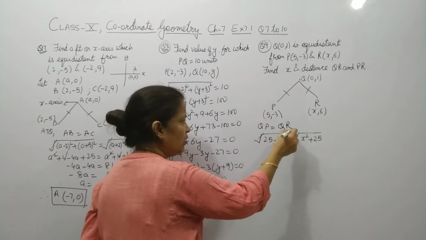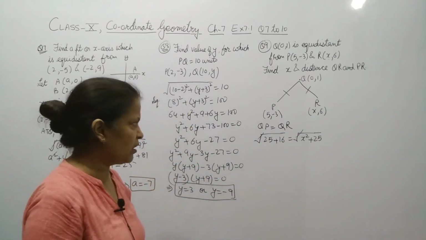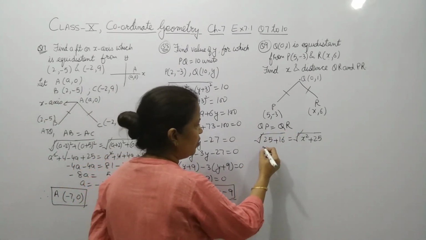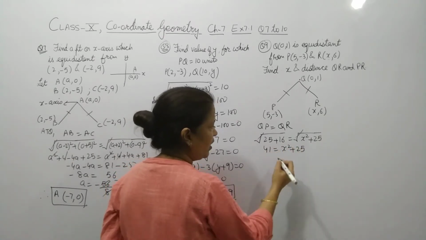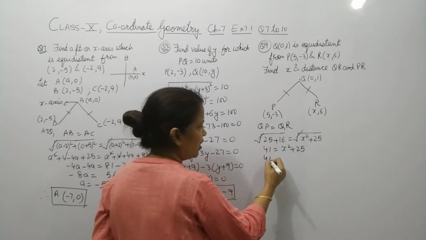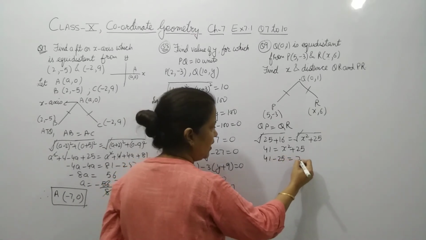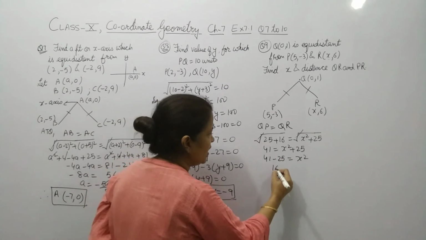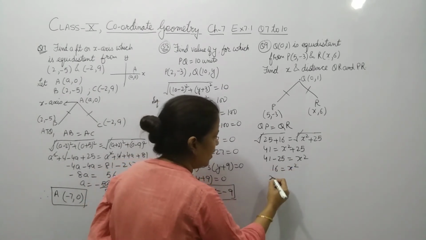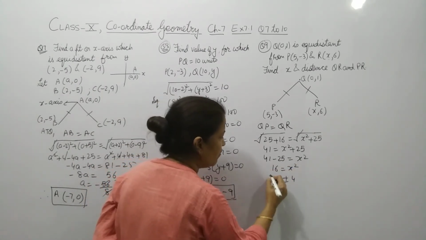Now squaring both sides, the square root will be cancelled out. So it will be 41 equal x square plus 25. Shift it, 41 minus 25 equal x square. So 16 equal x square.